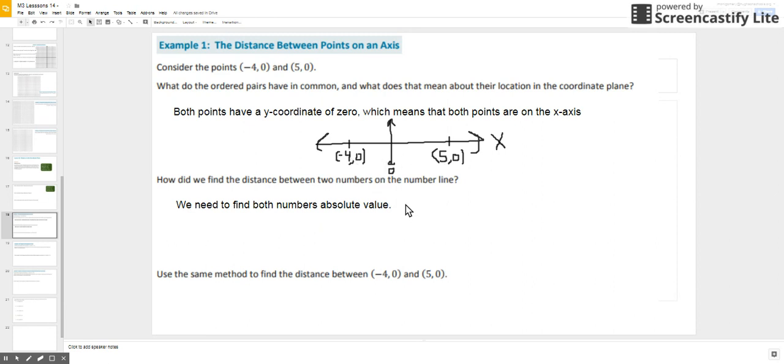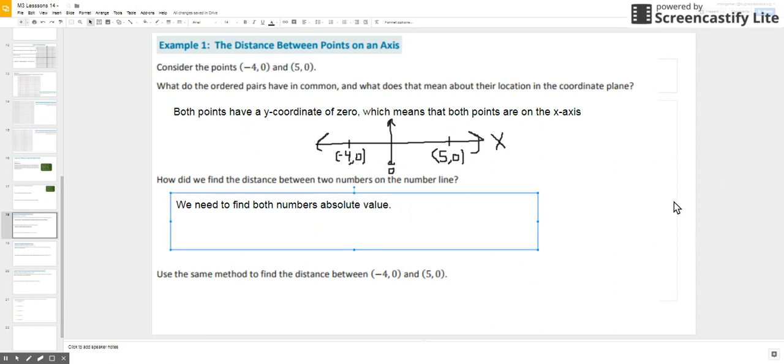Then there are 2 different things we could do. First, if the numbers are on opposite sides of 0, like these 2 are, we would add the numbers together.